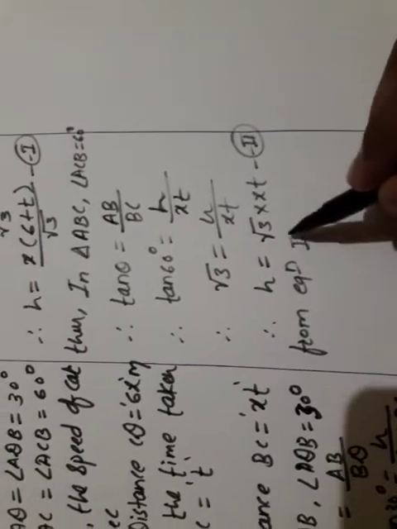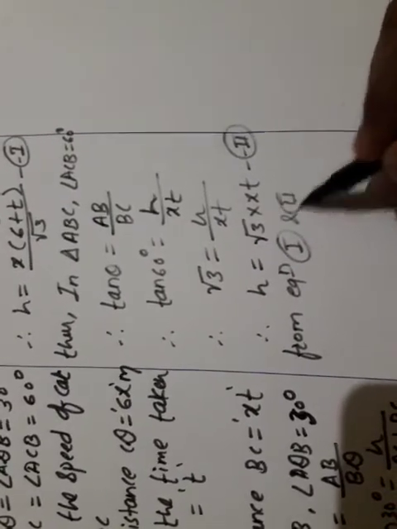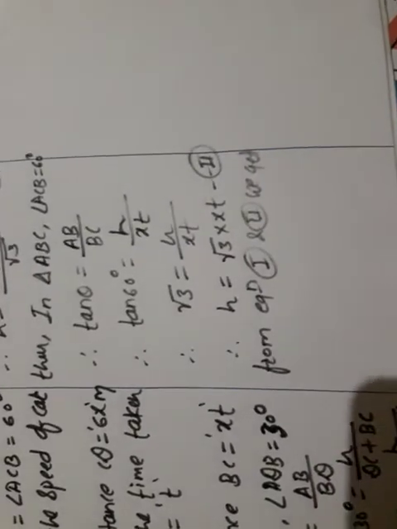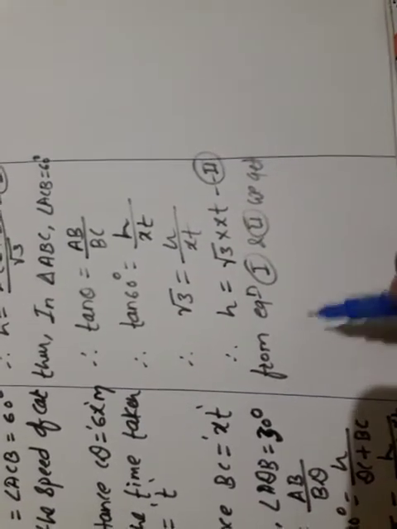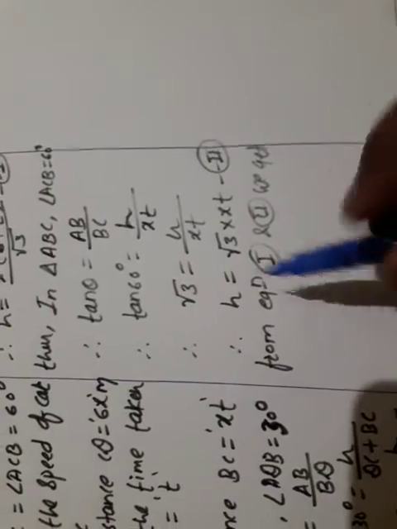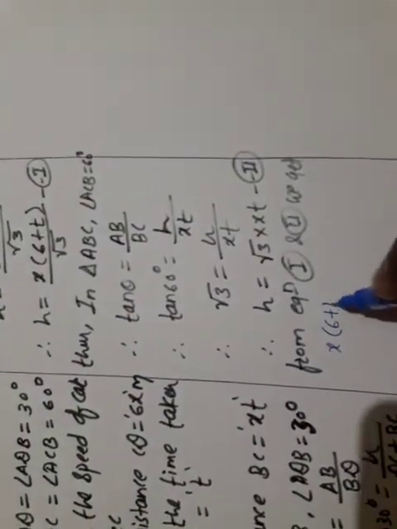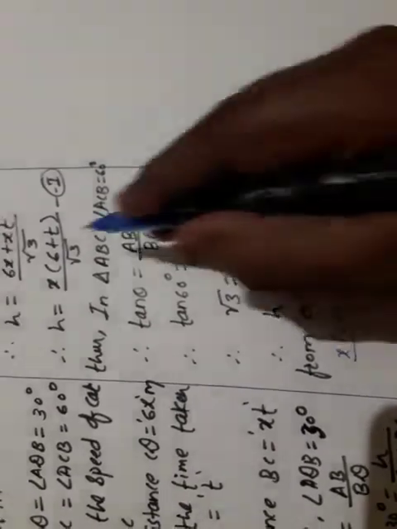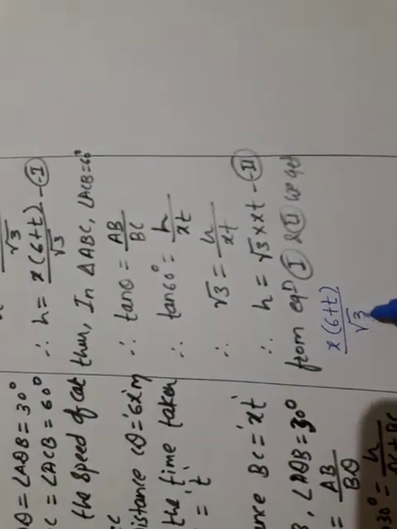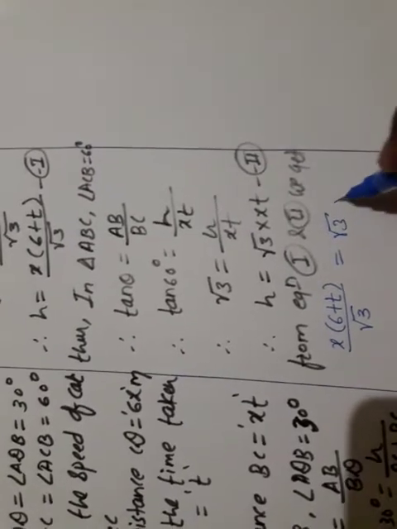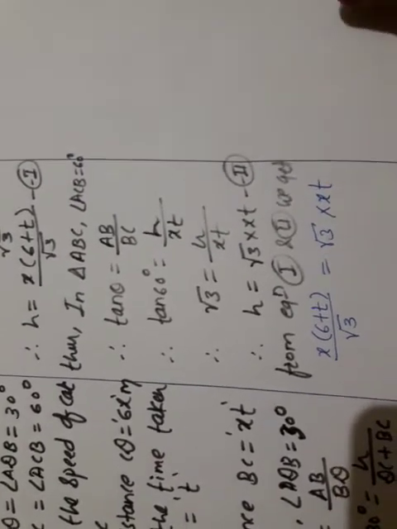From equation first and second we get, what will you get? See here, this is the first equation: x in bracket 6 plus t divided by √3 is equal to √3 into xt.